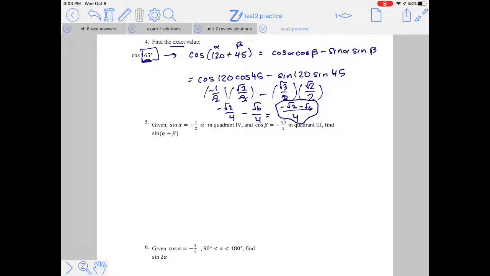I think the way I labeled question 5 on the title page, this is also from 3.2. So these are both from the same section. Now you need to look at your reference sheet for this identity, sine alpha plus beta.